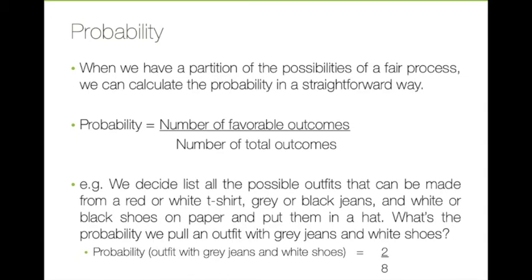Well, we know that there are 8 total outfits. We already saw that when we listed all the possibilities. And then there are 2 outfits with gray jeans and white shoes. One with a red shirt and one with a white shirt. So that gives us a total probability of 2/8 or 1/4 for outfits that fit that description.